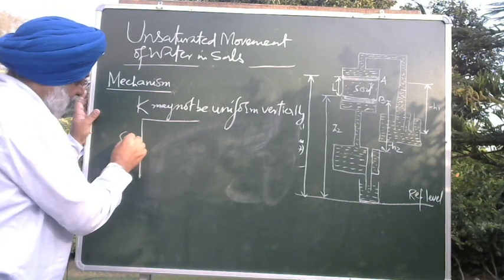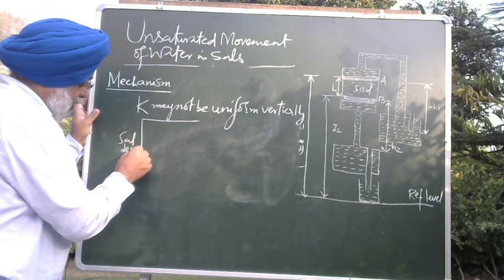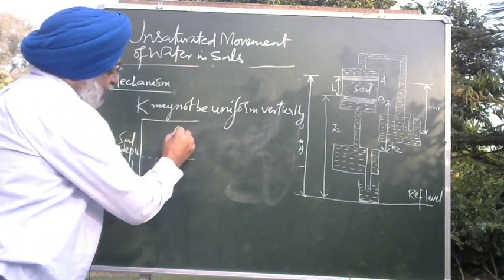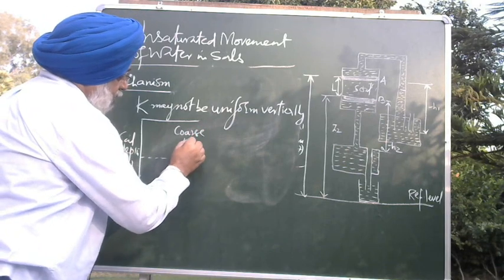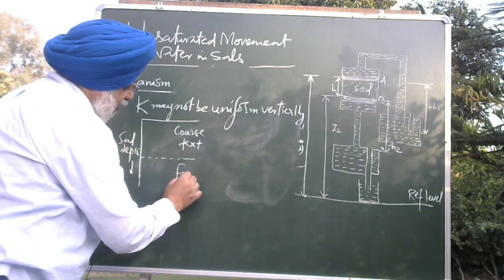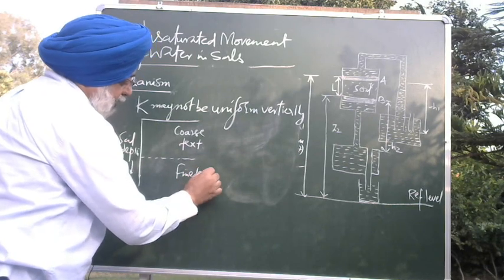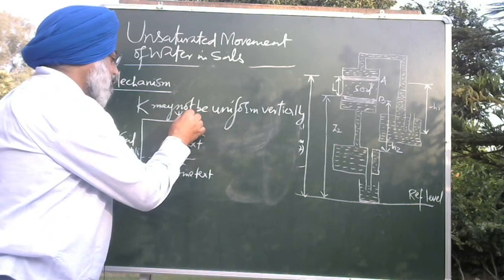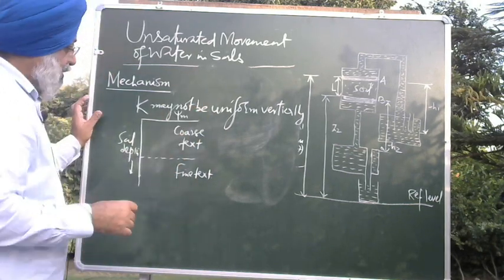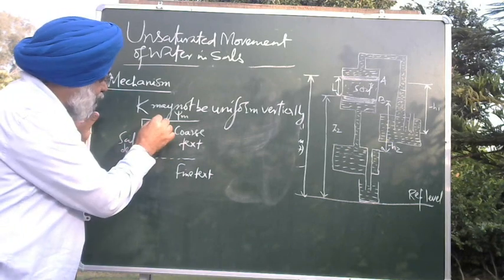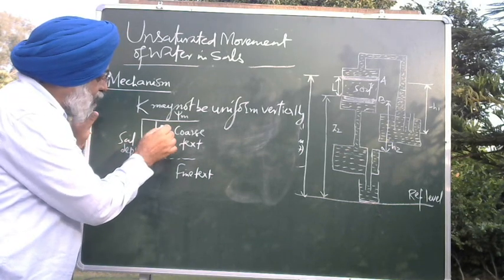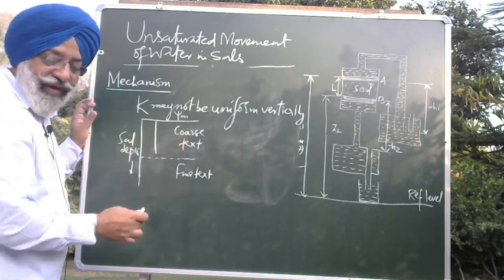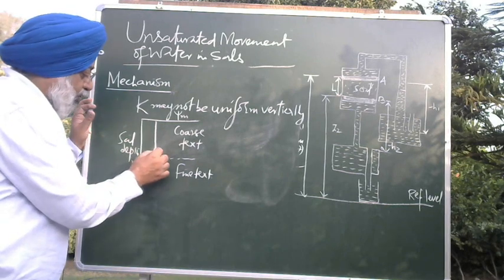If this is a soil profile, here you have soil depth, and the upper portion of this soil profile is coarse texture and the lower is fine texture. Now this is your matric potential, or you can say it is theta. When water moves in the soil and reaches the boundary of coarse and fine textured soils, it will stop over here.